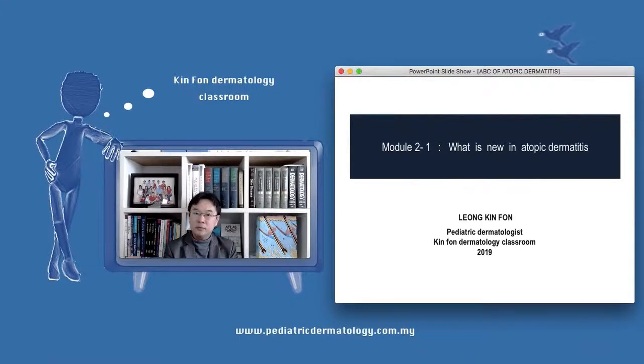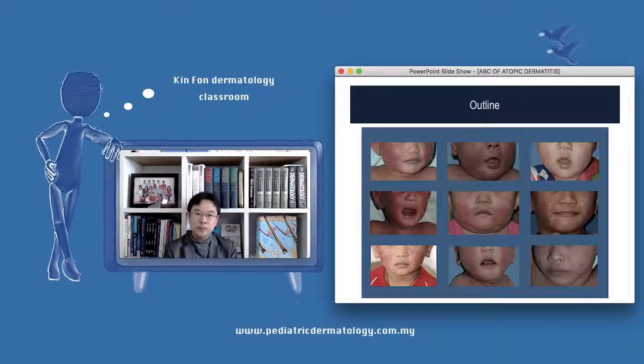Over the next 40 minutes, I would like to go through what is new in the pathogenesis of atopic dermatitis. We know that atopic dermatitis is a condition with many phases of presentation. A patient with atopic dermatitis might walk into your clinic with acute eczema, subacute eczema, and chronic eczema.